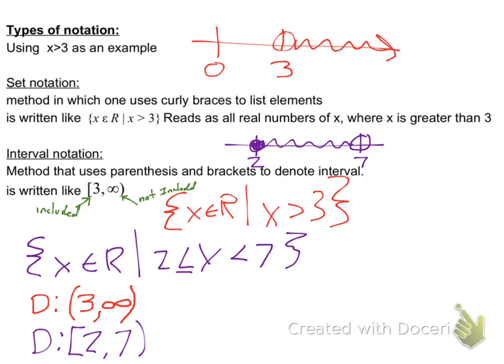Done. See how much easier it is to use interval? And remember, now, when we talk about interval, we're talking about the range here. Values go between 3 to infinity. 2 to 7, including 2, not 7 though. Okay? That's how we use set or interval notation.